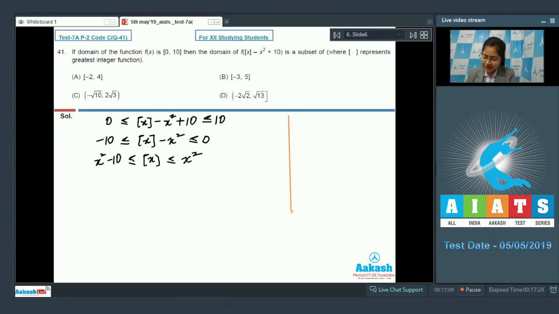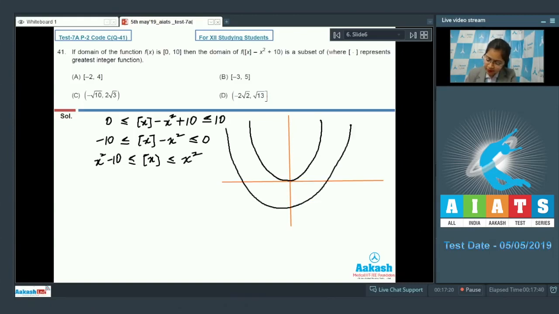Now, to solve this, let us draw the curves of y equal to x square and y equal to x square minus 10, and we will plot the graph of floor of x. Now floor of x will go like this: 0 to 1, 1 to 2, 2 to 3, 3 to 4.